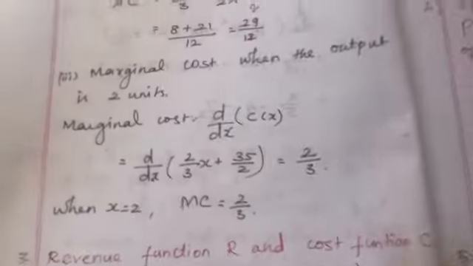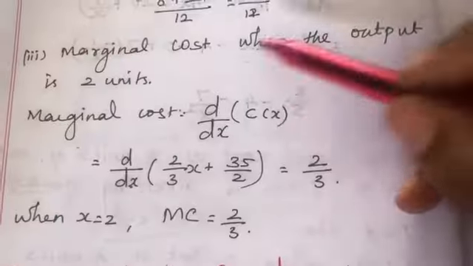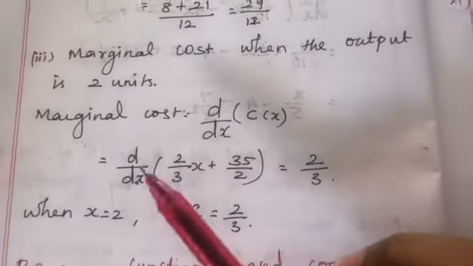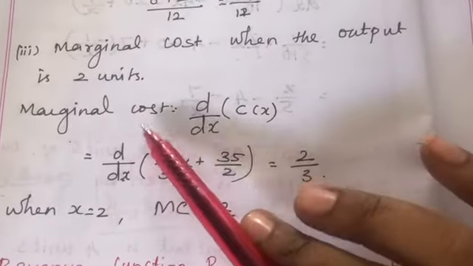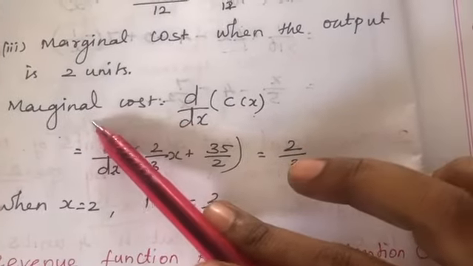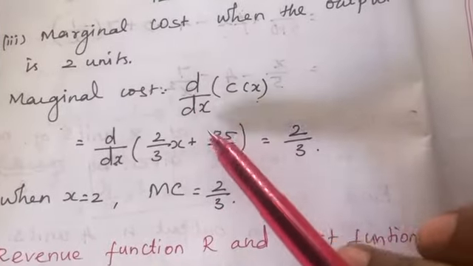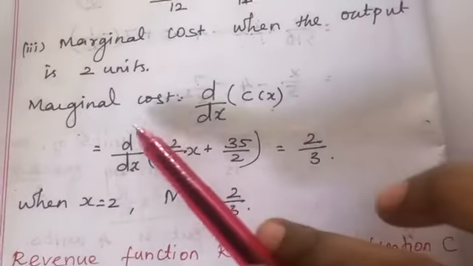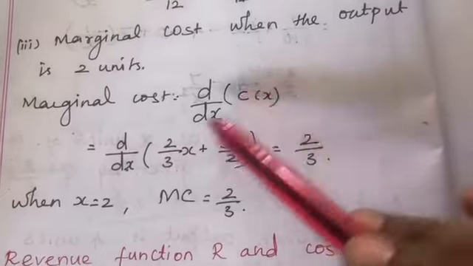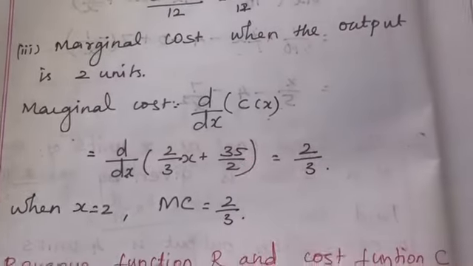Now, we have to find the marginal cost when the output is 2 units. So, marginal cost is the differentiation of cost function. Marginal, we have to differentiate. Differentiation of cost. So, d by dx of C of x. So, d by dx of the given cost function, 2 by 3x plus 35 by 2.